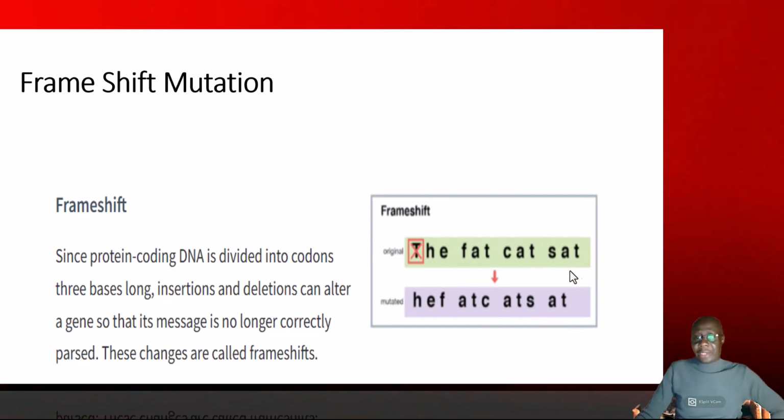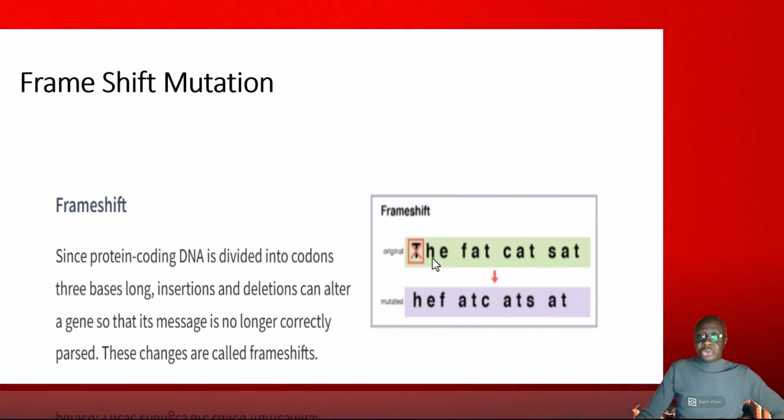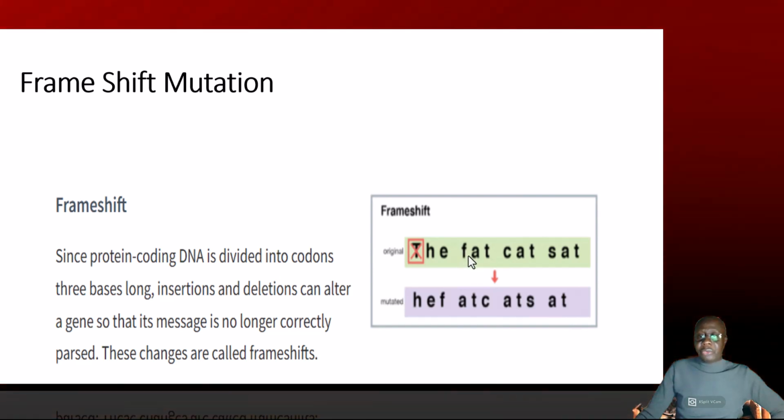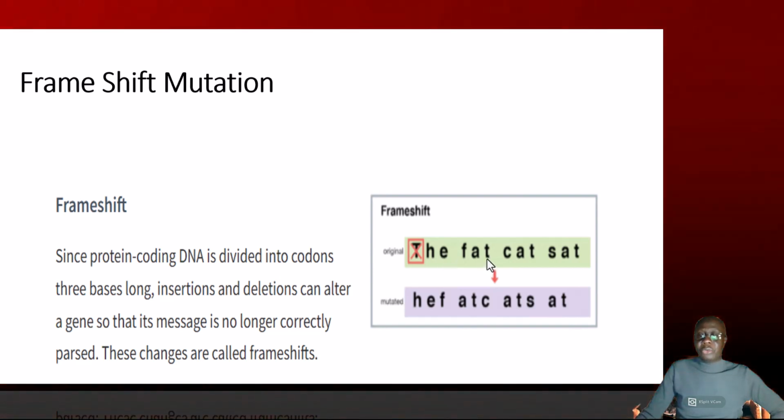The fat cat sat. But if you have a point mutation, where the T in the fat is deleted, and you need three molecules to make a codon, then it will take the molecule one from the fat, take the F and bring it here to add it there. And then it will leave the AT alone without the third one.